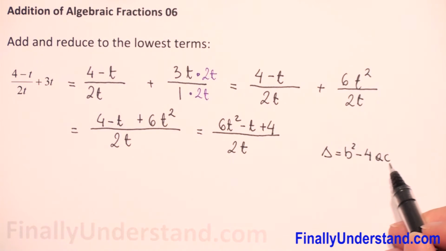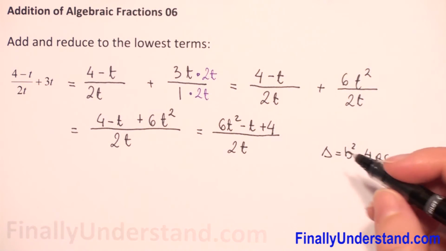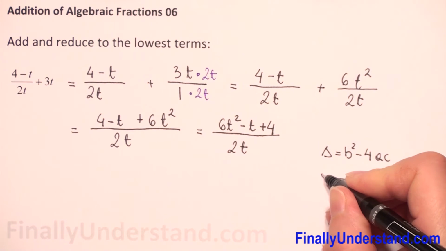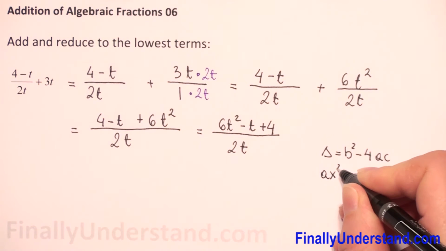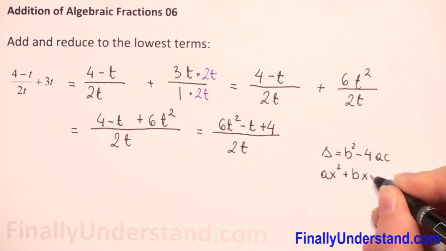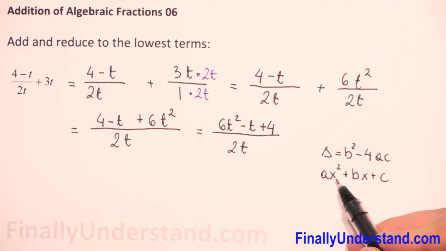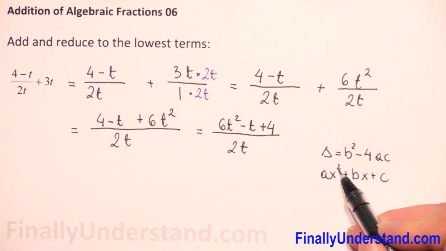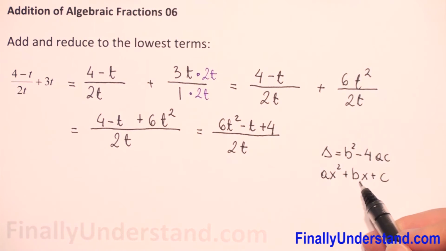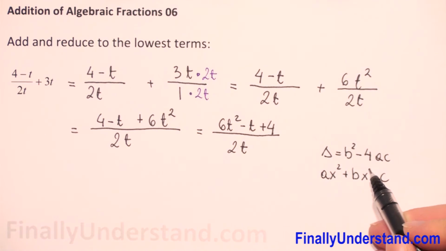What are b, a, and c? When we have a general quadratic trinomial, the formula is ax squared plus bx plus c. So a is the coefficient before x to the second power, b is the coefficient before x to the first power, and c is the constant.